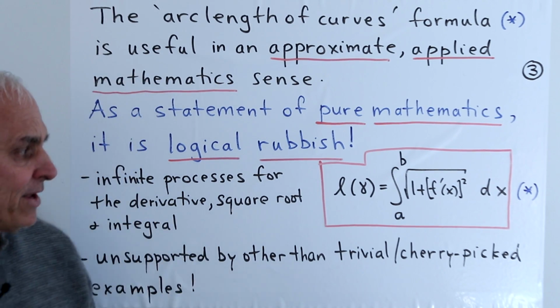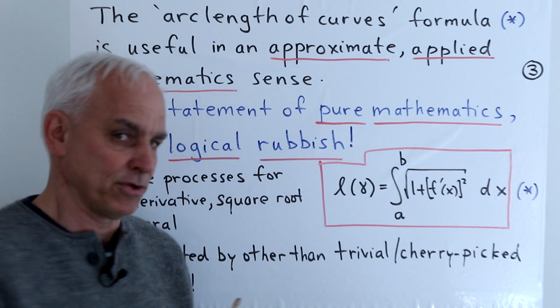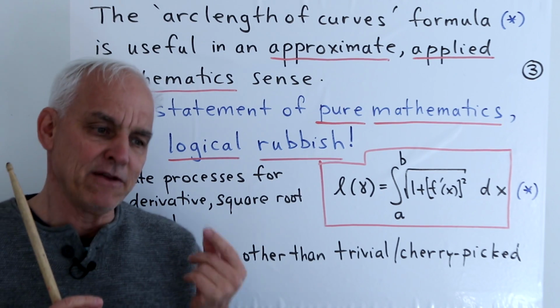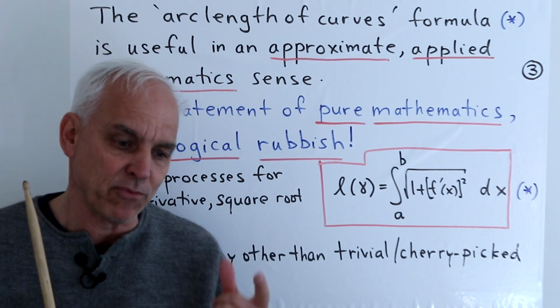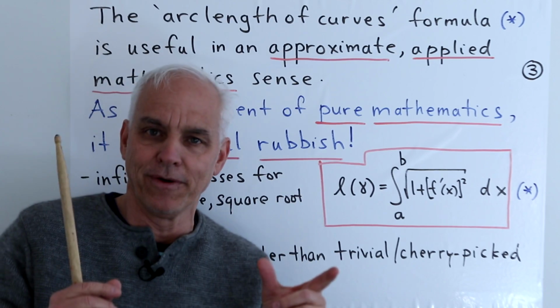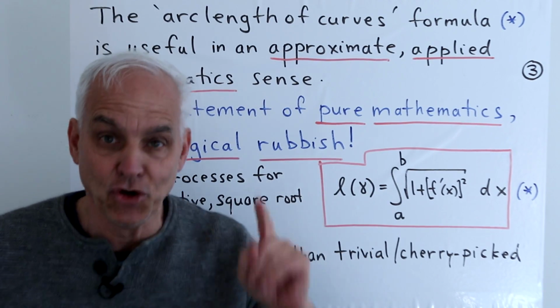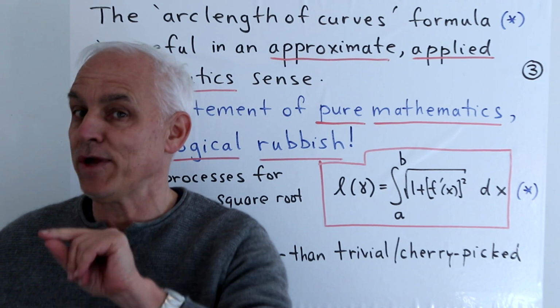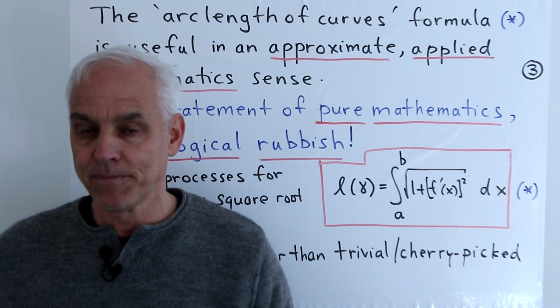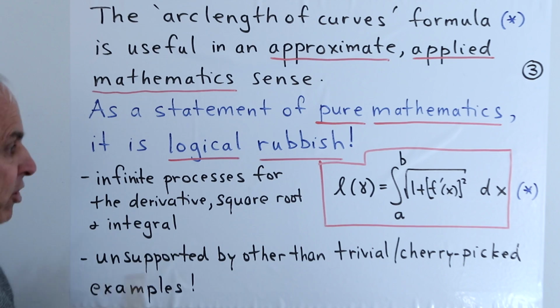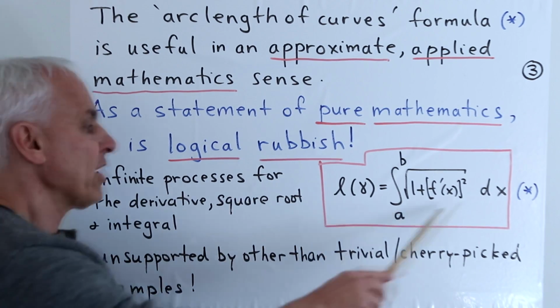It also does not work because of the square root. The square root technically involves an infinite process that you cannot actually do. And it does not work at the level of the integral, because that too requires an infinite process that you cannot actually complete. So for the pure mathematician, this is fraught with difficulties.